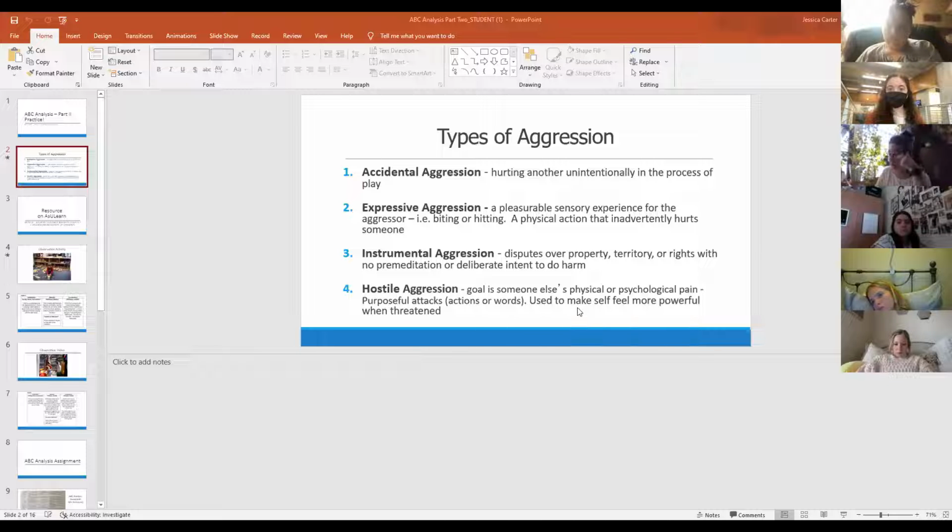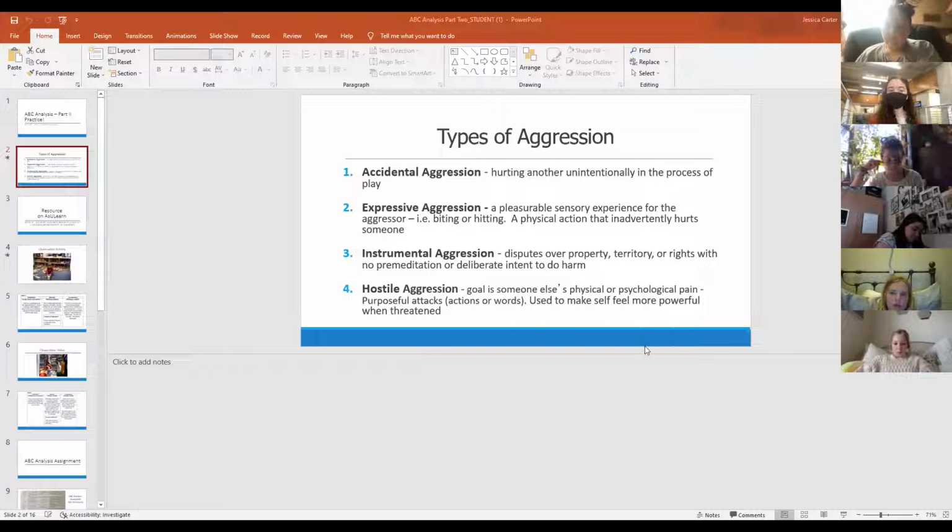But there are some that come up a little further down where there are no materials involved. And so it's that dispute over territory or rights in the classroom. Again, no premeditation or deliberate intent to do harm. It's just the child defending themselves or trying to assert themselves. And that's also instrumental aggression. So it's a little difficult to tease those two apart.